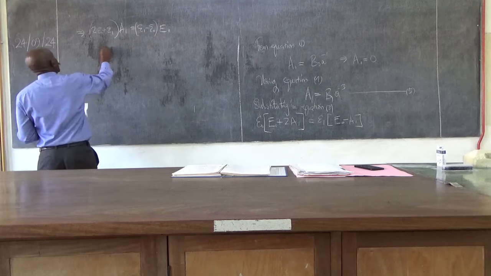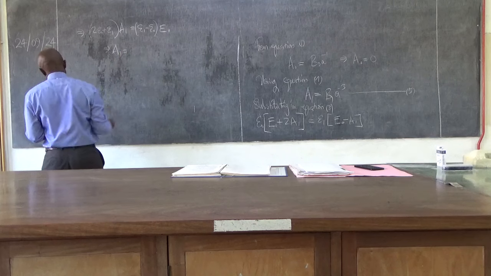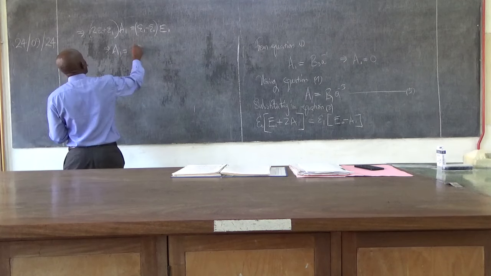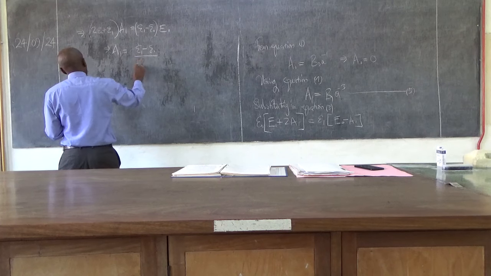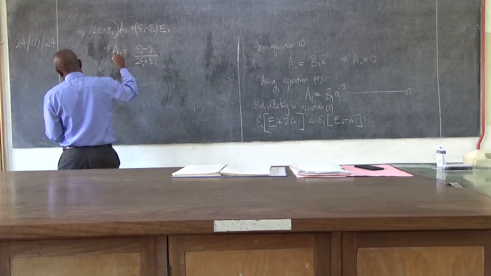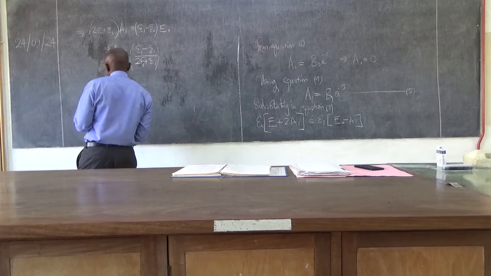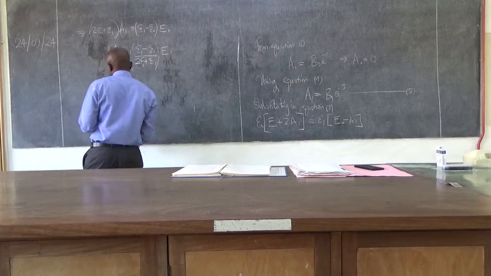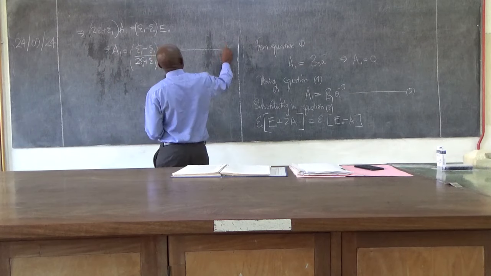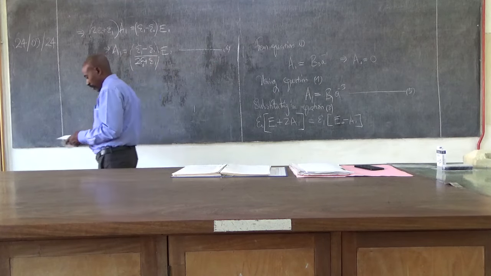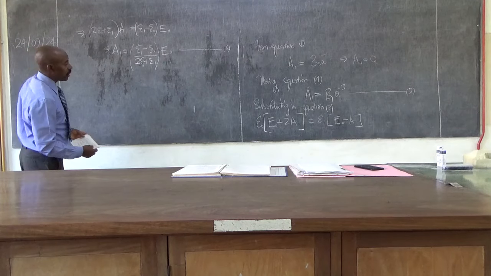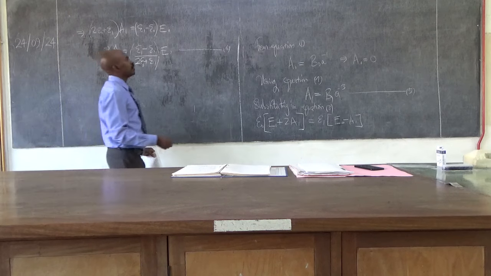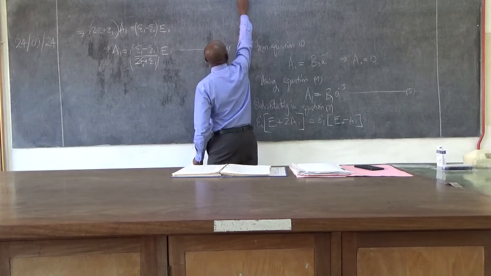And this would imply that A1 would be equal to epsilon 1 minus epsilon naught over 2 epsilon naught plus epsilon 1 into E naught. And this will be our equation 6. There's no physics in here that I'm doing other than doing algebra. Algebra or calculus, which one is it?